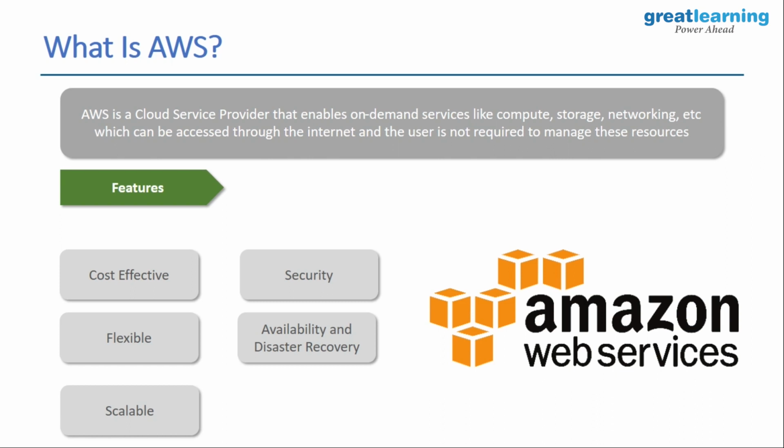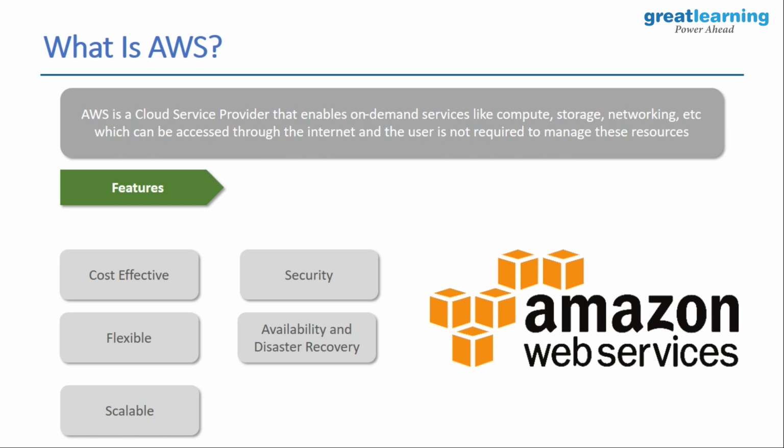Security, this platform is highly secure. Whether you talk about 24/7 manned security, or network security, where you can control the firewalls, encryption of your data, and identity and access management as well, ensuring that your data is secure over the network as well.